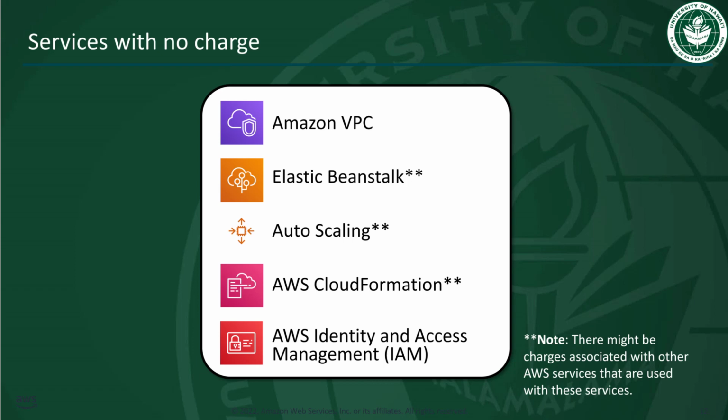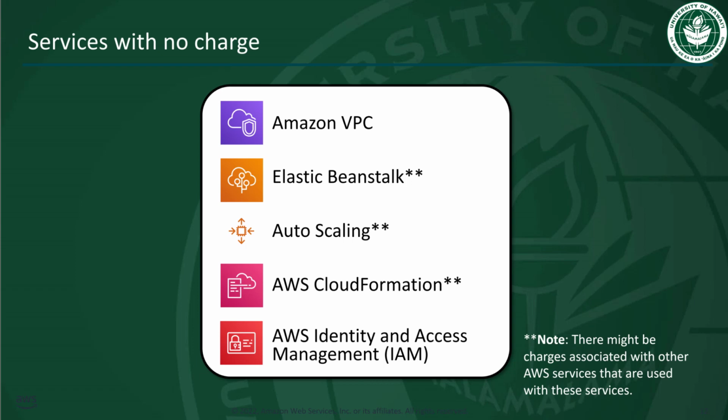So what services are not charged overall for AWS with your free account? There's a bunch of stuff. You can look in the slide for more details. Key thing, you have the virtual private cloud, which enables you to provision a logically isolated section of AWS where you can launch AWS resources and not worry about everyone else on the internet being able to see it.